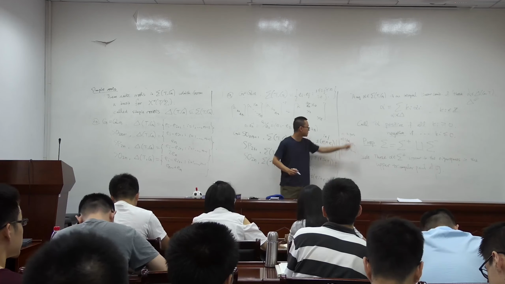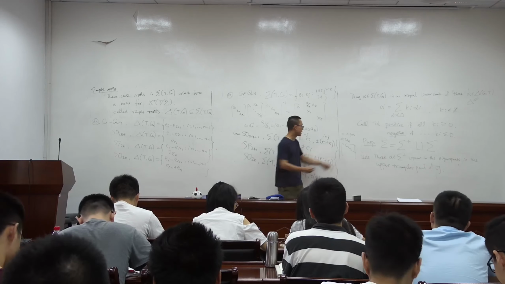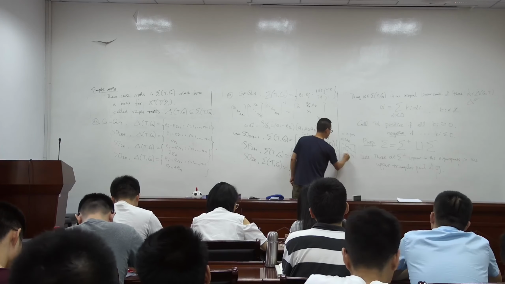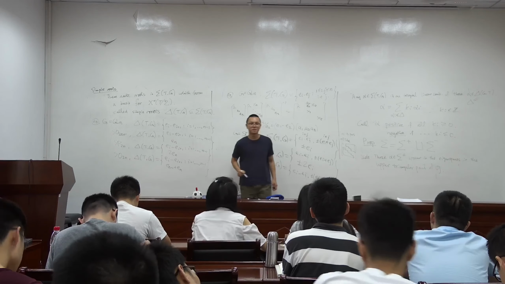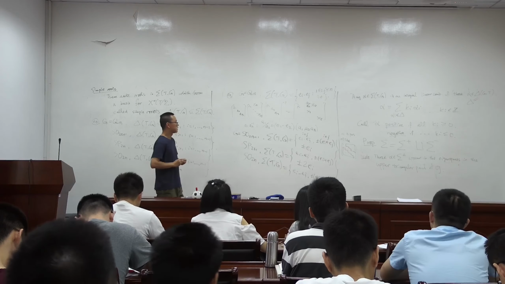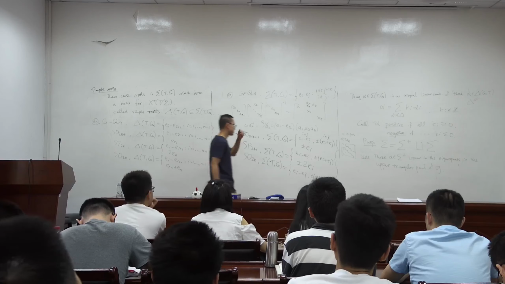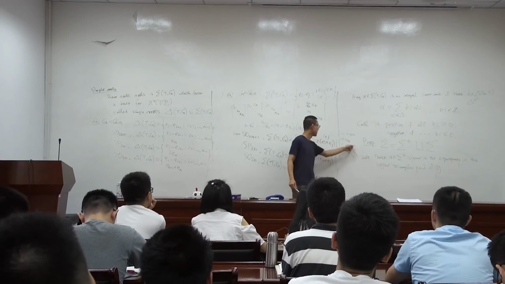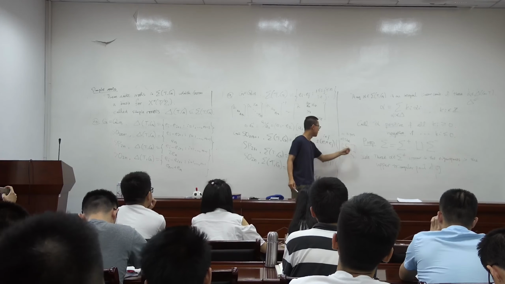If it is negative, then it appears in the lower triangular part. So from the picture, you can see a root can be either positive or negative.